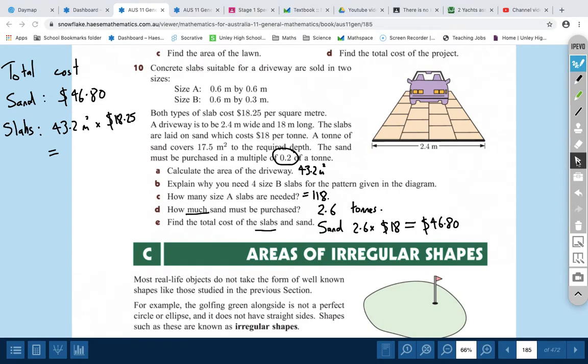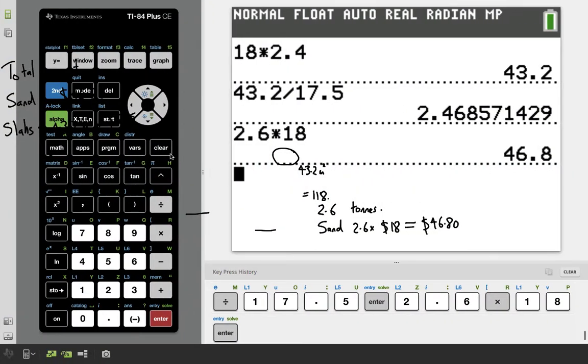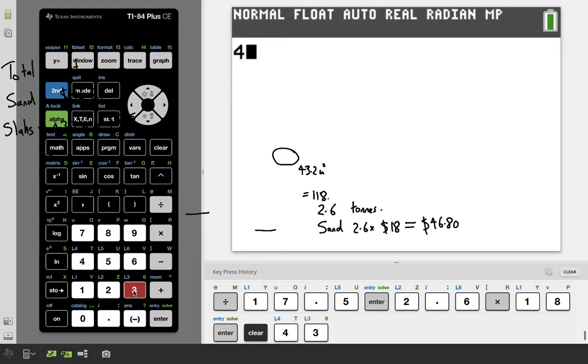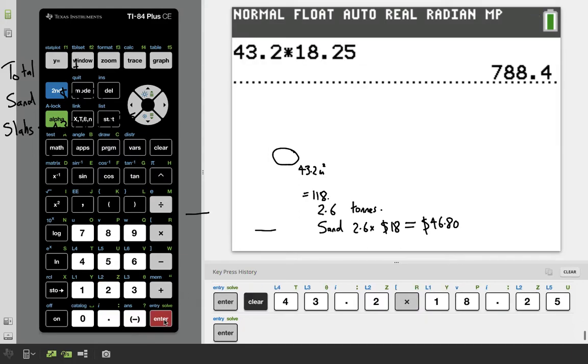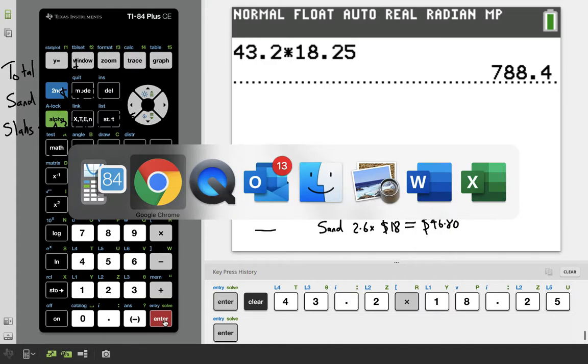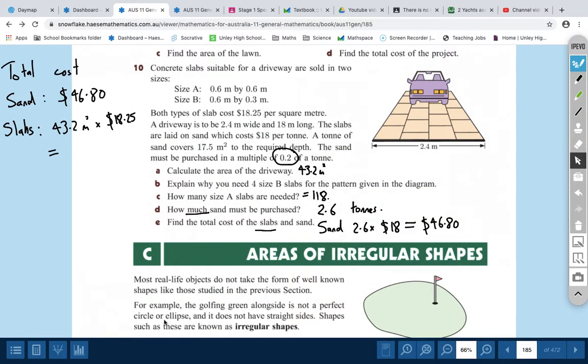I need my cursor, not my pen. 43.2 multiplied by $18.25, and we get $788.40. Right, we'd have to add that together.